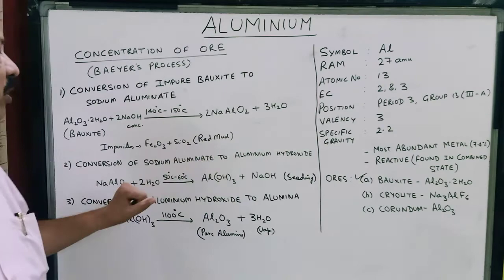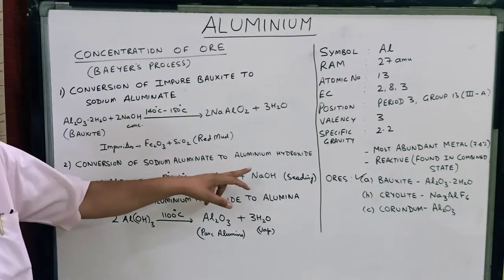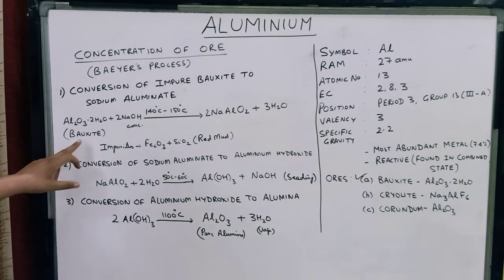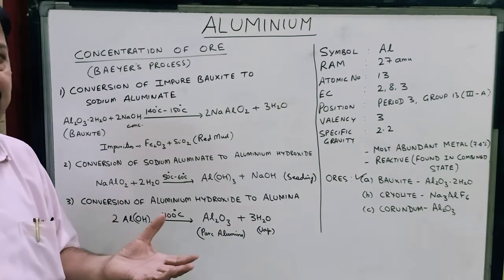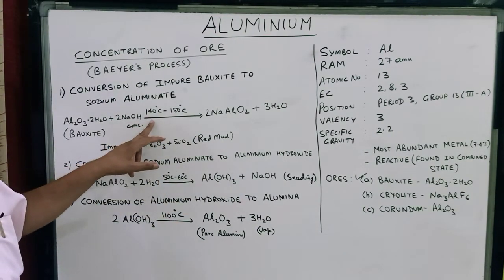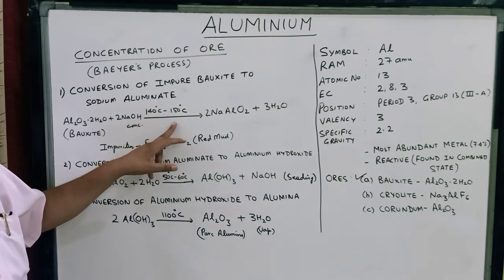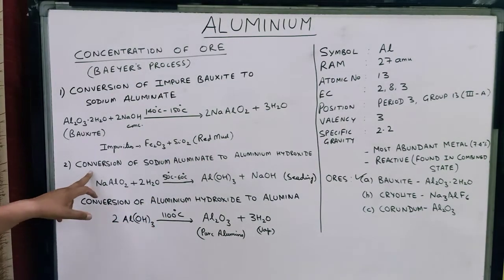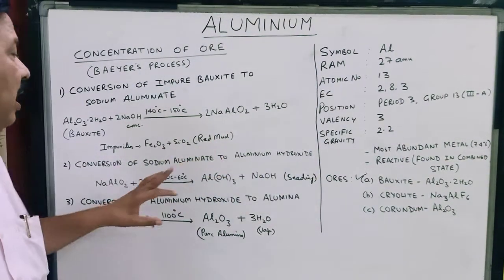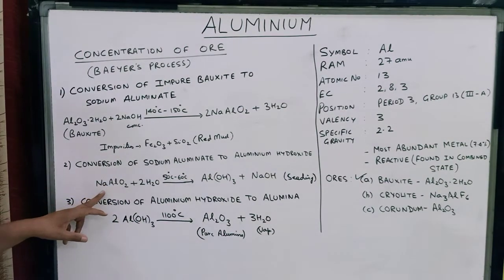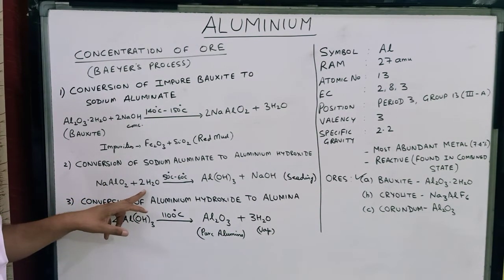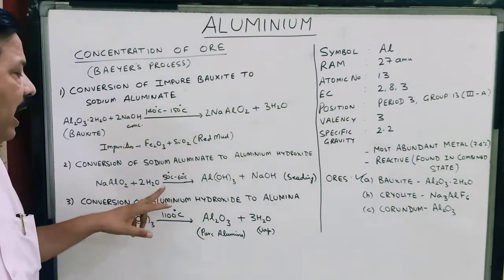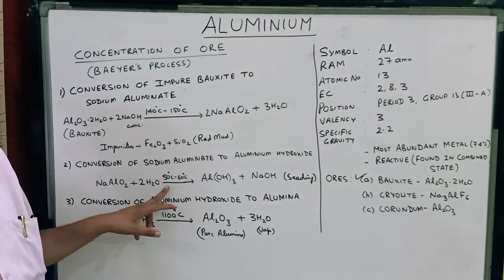And children, in the next step we convert sodium aluminate to aluminium hydroxide. When we are converting bauxite into sodium aluminate, it is under high pressure, and the temperature is maintained from 140 to 150 degrees centigrade. Then we take sodium aluminate with water, and we add a few crystals of aluminium hydroxide, and we heat it to a temperature of 50 to 60 degrees centigrade.